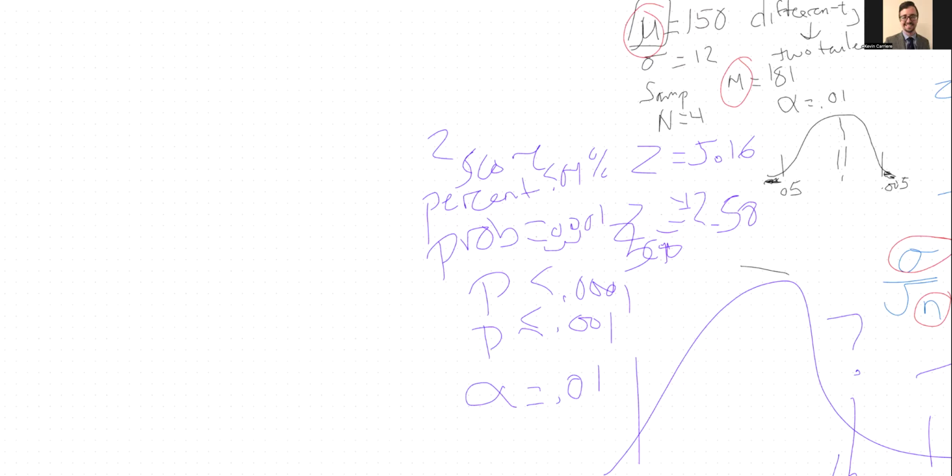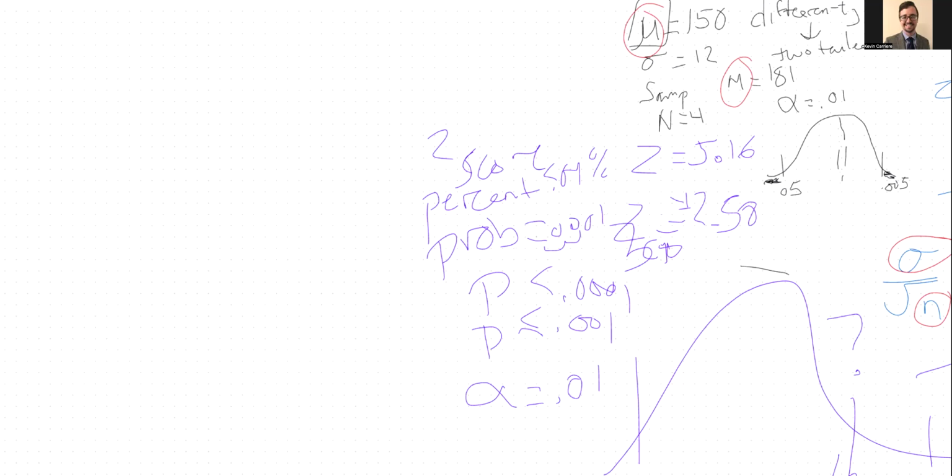A value equal to or more extreme, compared to what? What have we been comparing against? So the cutoff.